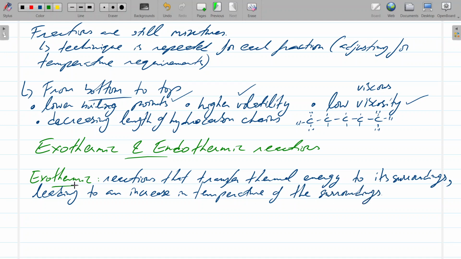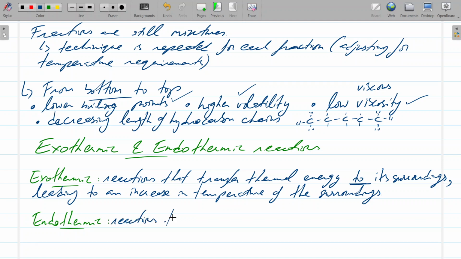And then you've got endothermic, which is the opposite. It transfers thermal energy from the surroundings. So it takes in energy. So the keyword over here is to.